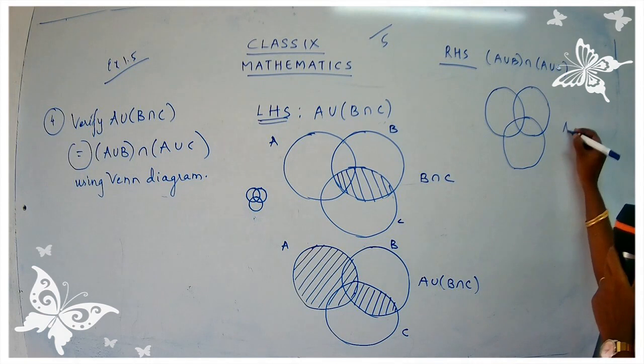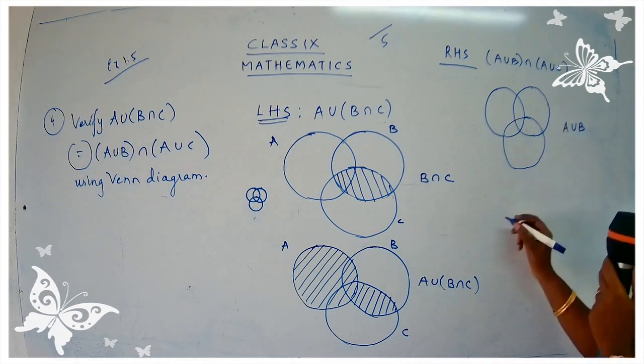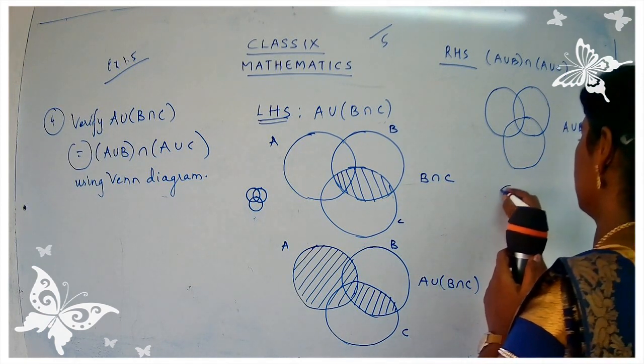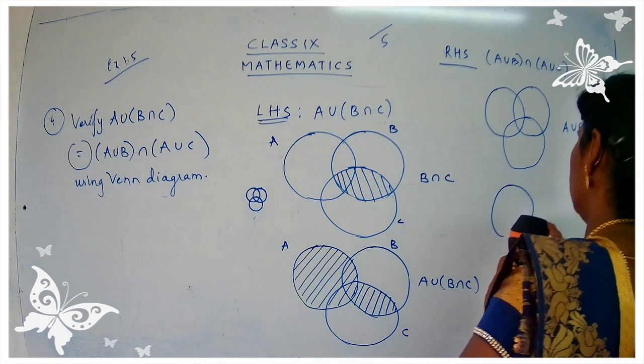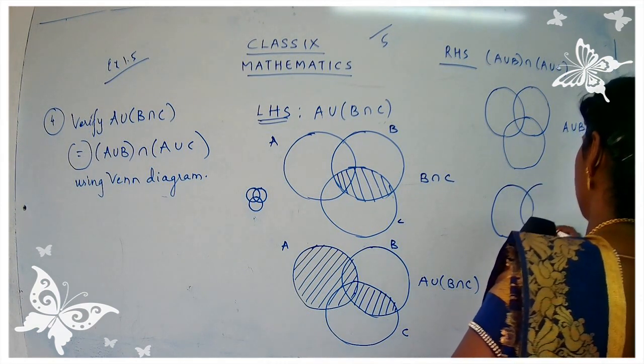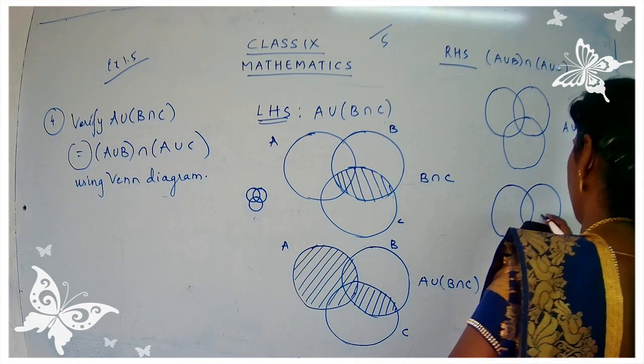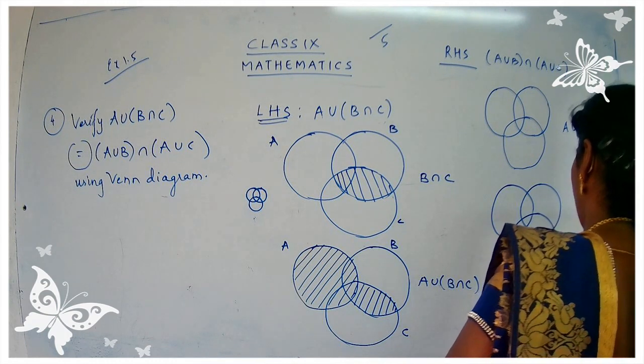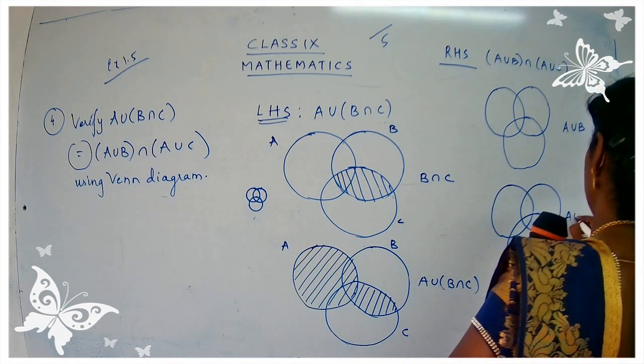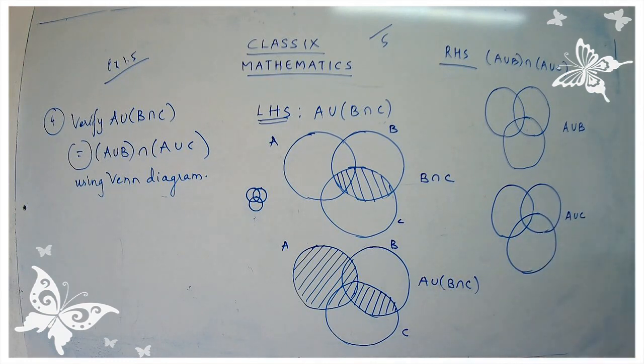So I'll just do this for A union B. A union C. I have to draw one more.